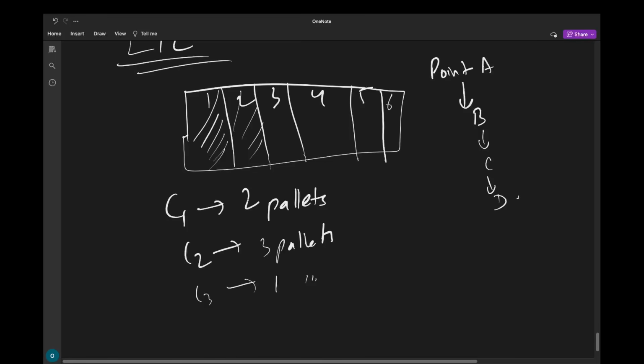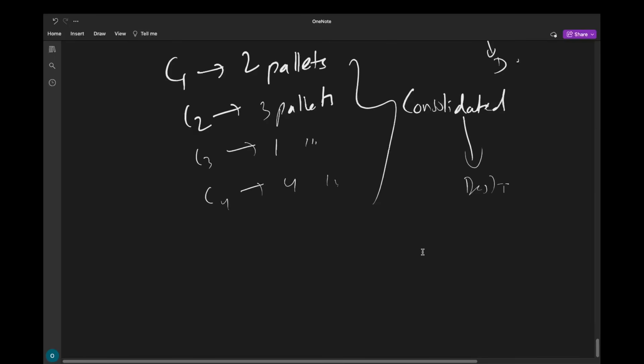Then we have 3 plus 2, 5, 1, 6. Then company 4 has given 4 pallets. So everything is consolidated at the consolidation center. Okay. And then it will go stop by stop to the destinations.